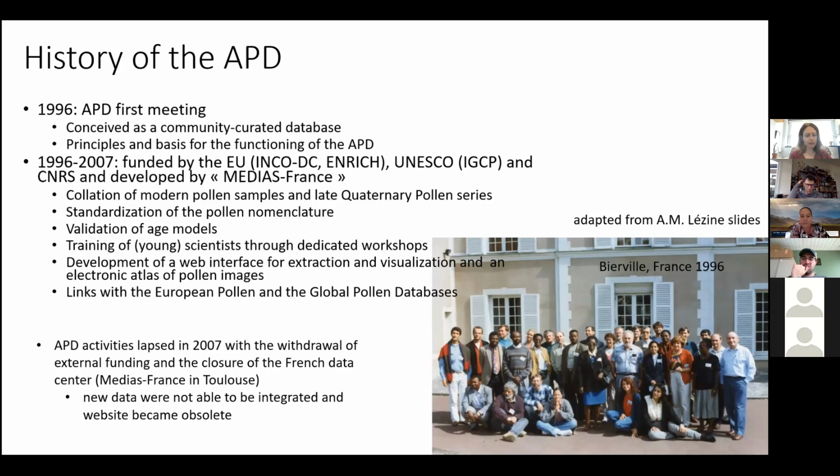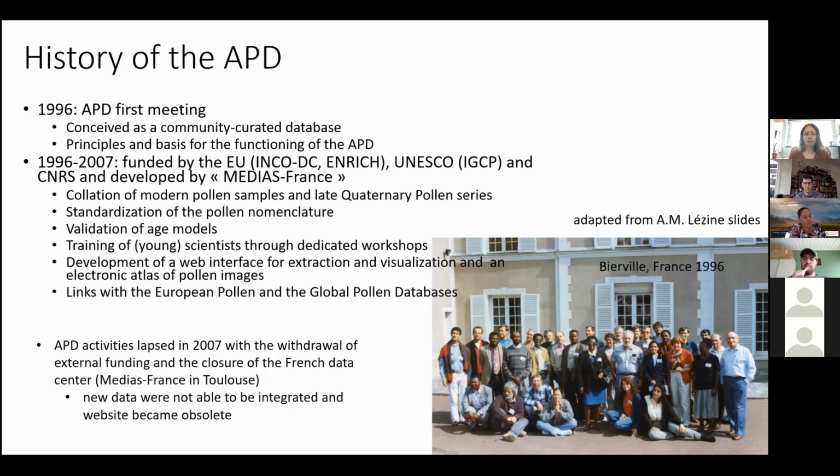international organizations that then did a series of different things that put together the different parts of the African Pollen Database. And so this would be what you might think of most commonly when you think of a pollen database, and that's collating all of the modern and the quaternary pollen data.